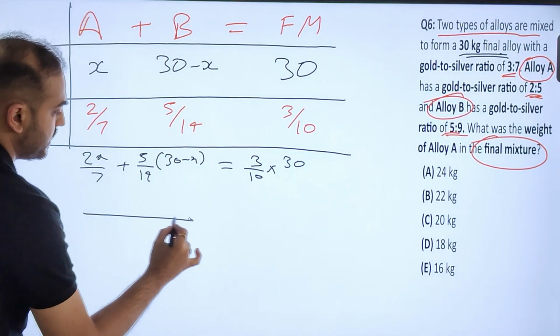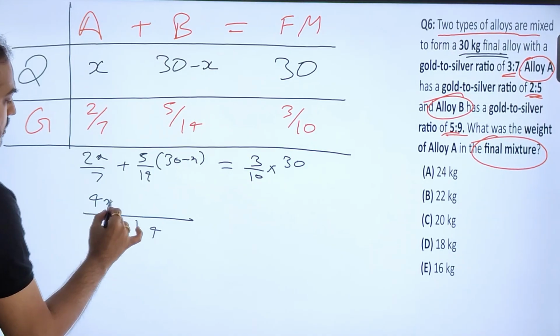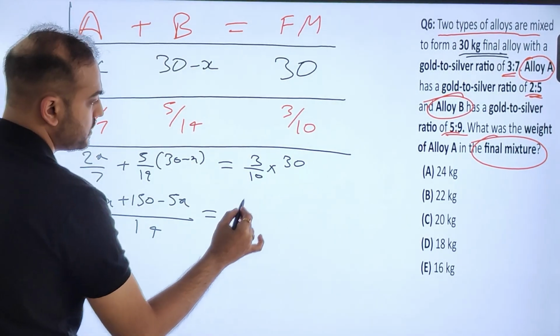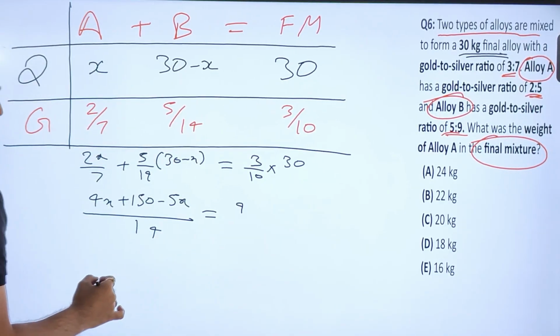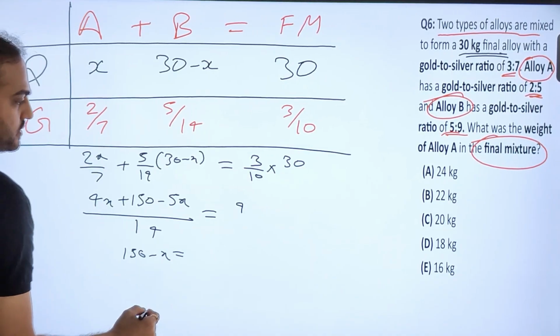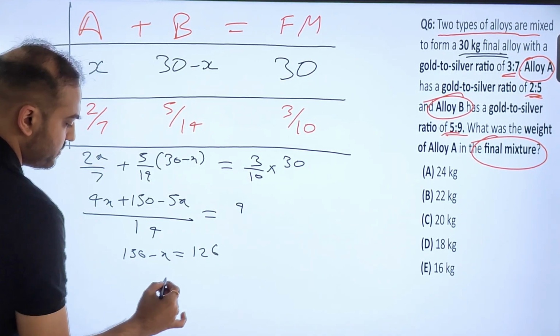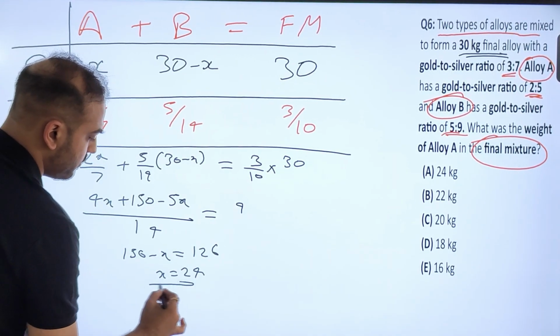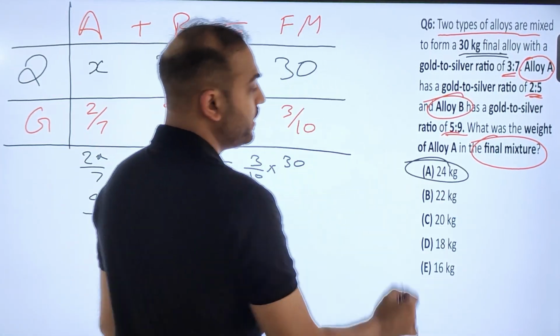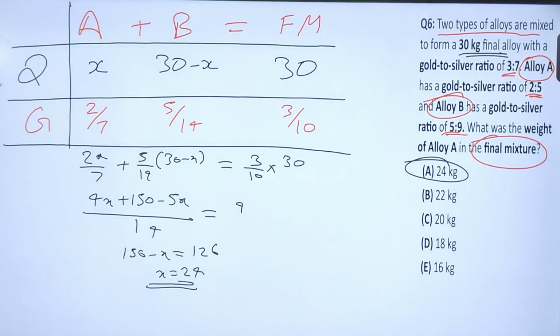Let's take the LCM: 4x plus 150 minus 5x is equal to 9. If we solve this, 150 minus x is equal to 126, x is equal to 24.